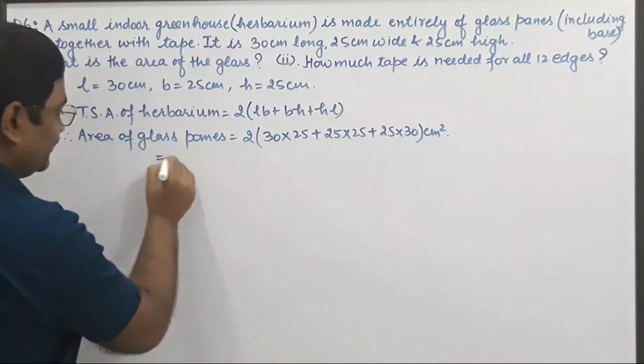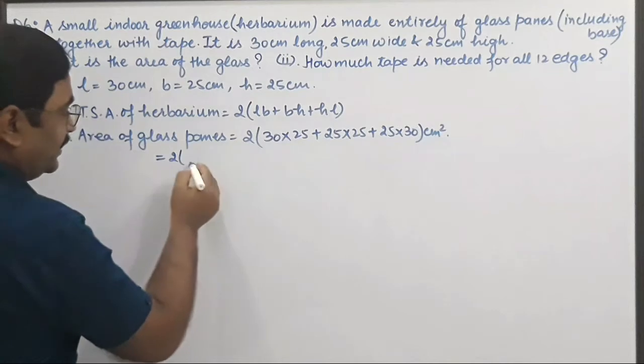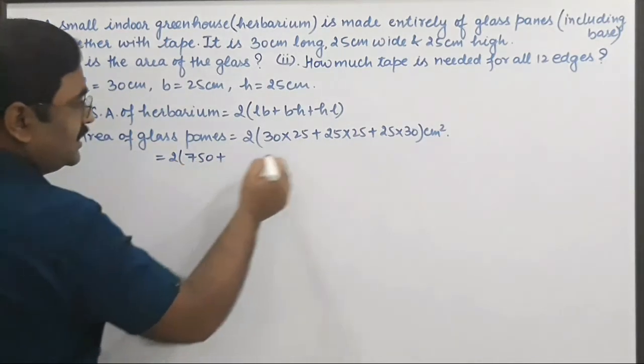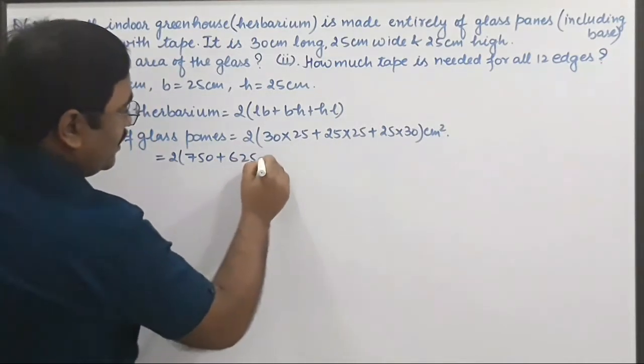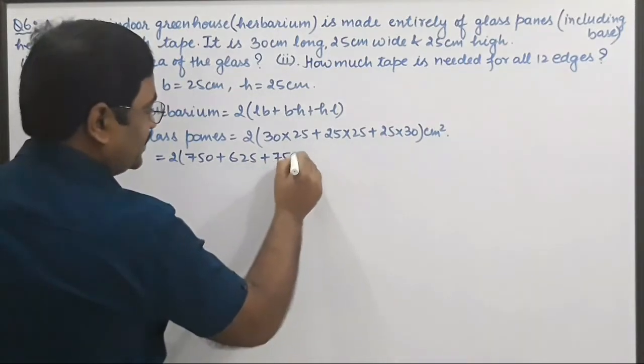Simplify it, we will get 2 into (30 into 25 which is 750, plus 25 into 25 is 625, plus 750) centimeters square.